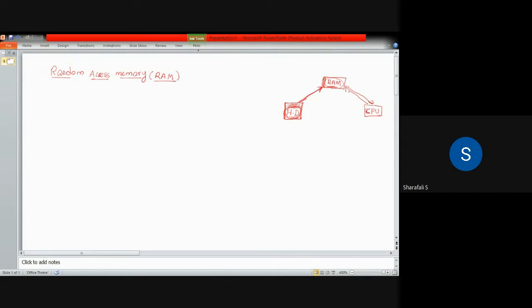When you are pressing the WhatsApp icon, the CPU sends information to this hard disk as well as to this RAM, and that will fetch data from the hard disk where you stored your WhatsApp data, and that will be loaded into this RAM, and RAM will execute that particular program or operation.